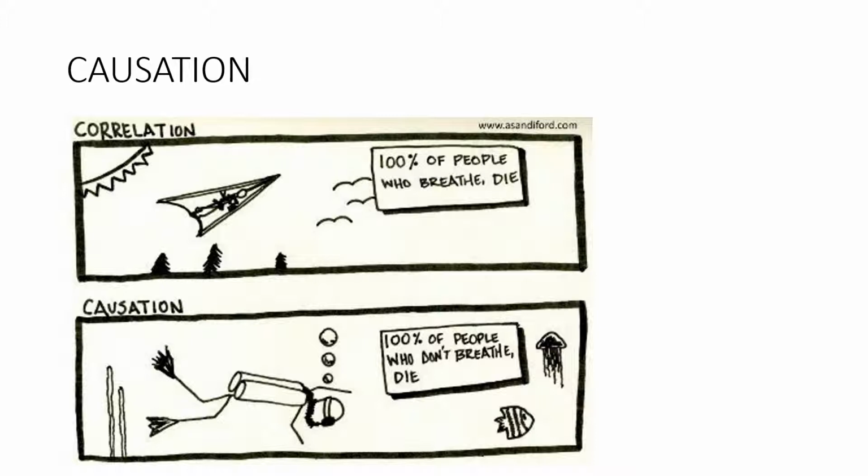It's not causing you to die. It just happens to be a perfect relationship. If you are a person who breathes, you will eventually die. The bottom one says 100% of people who don't breathe, so if they're stuck underwater without any oxygen, will definitely die. So the not breathing in the second case causes the death. Hope that makes sense to you.